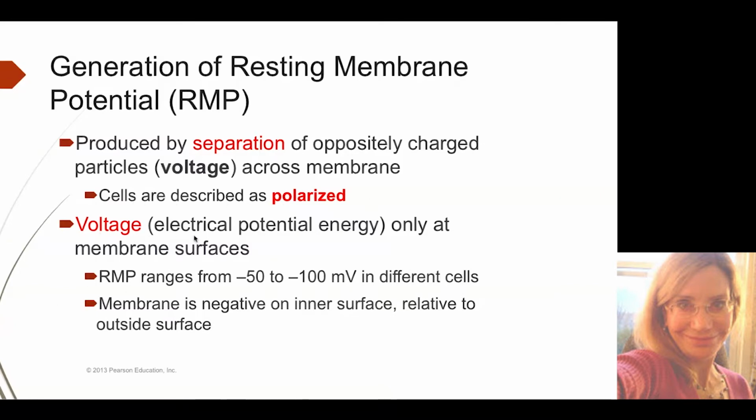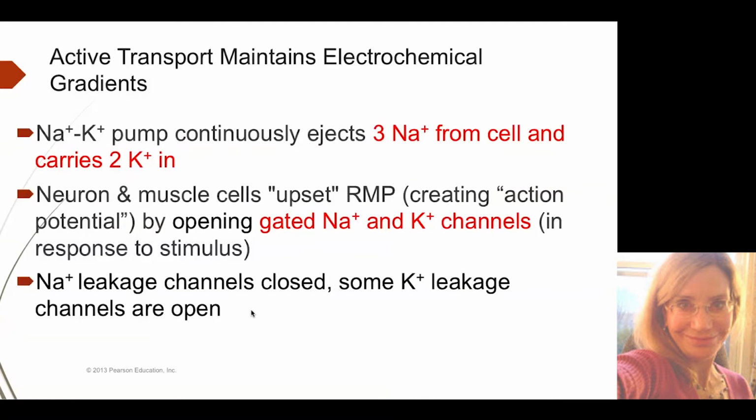Voltage is actually electrical potential energy caused by the separation of opposite charges. It's only going to occur at the membrane surfaces. The resting membrane potential of cells will range from -50 to -100 millivolts in different cells. The membrane will be negative on the inner surface relative to the outer surface.